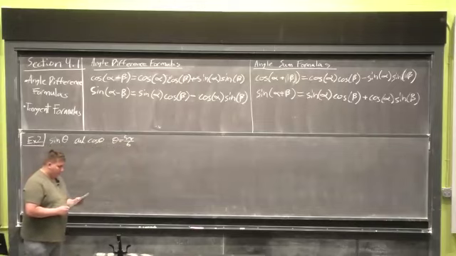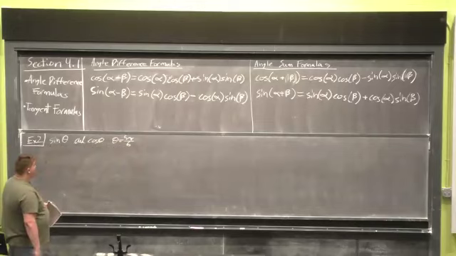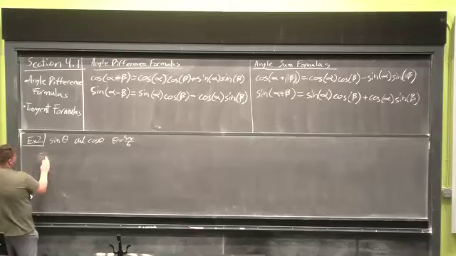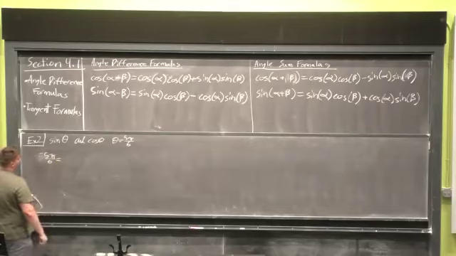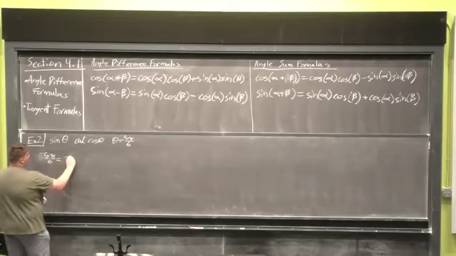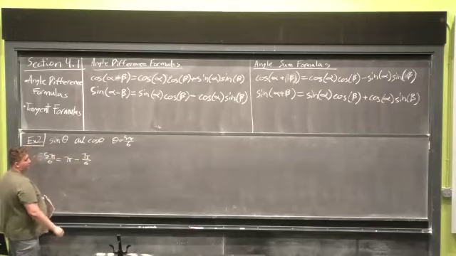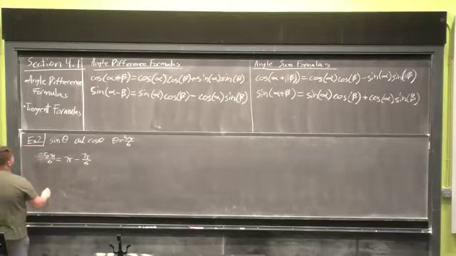So here we can write, okay, theta is equal, or you have 5 pi over 6. Well, that is equal to pi minus pi over 6.